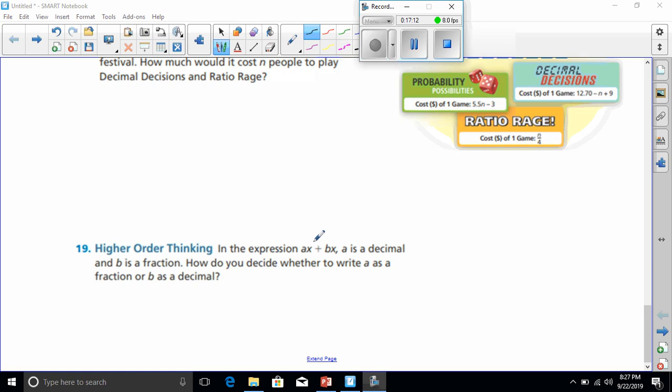Well, the first thing I want to think of is what's going to be easier when I'm doing my calculations. So it says if a is a decimal. Well, if I was to change a decimal into a fraction, the first thing I'd want to know is what type of decimal am I dealing with? If I'm dealing with a repeating decimal, let's just say like 0.3 repeating, okay?